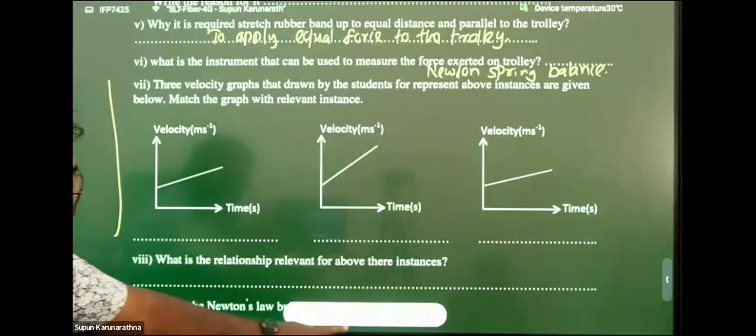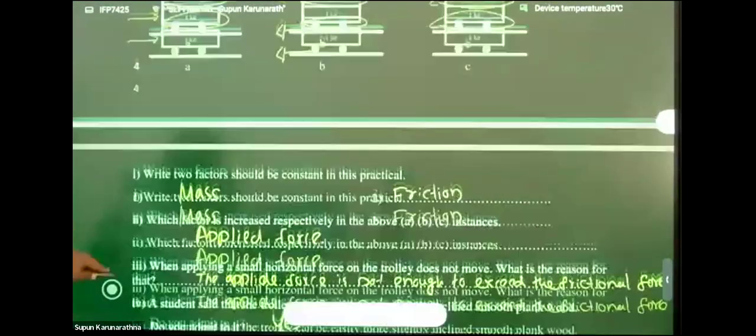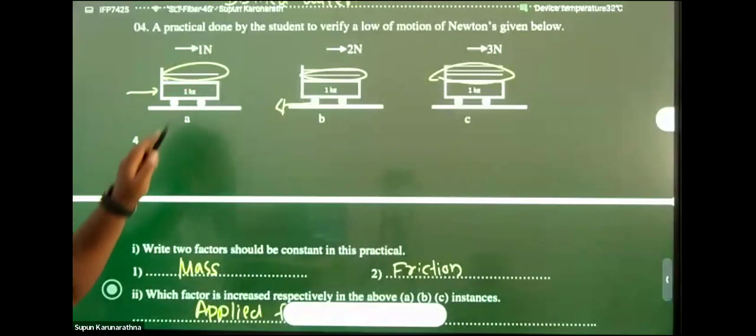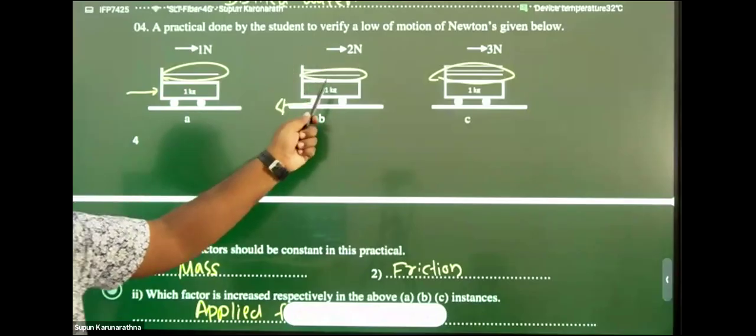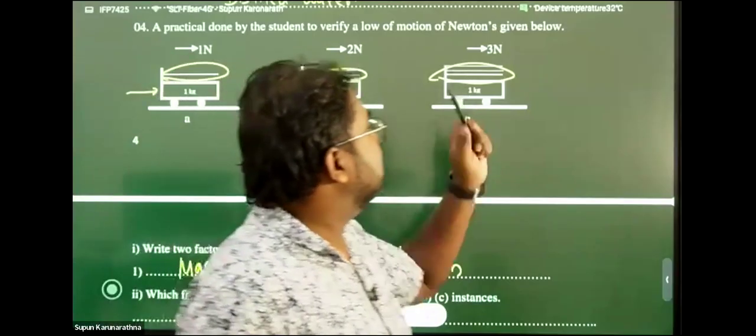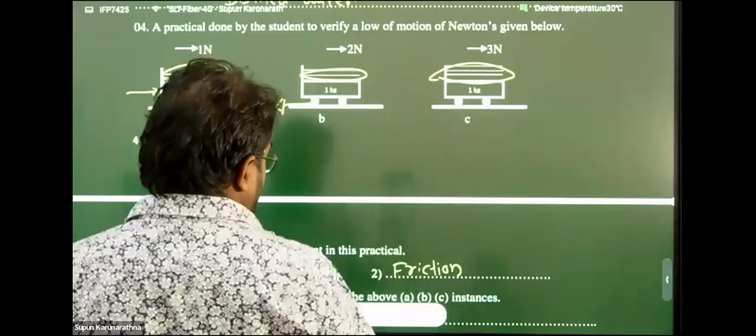Come to the first instance in the figure. In the first instance, apply 1 Newton force to the same mass. In the second instance, apply 2 Newton force to the same mass. In the third instance, apply 3 Newton force to the same mass.